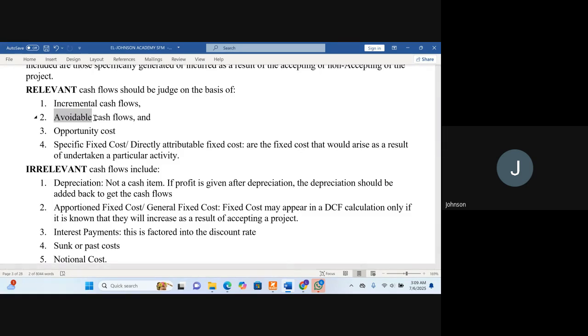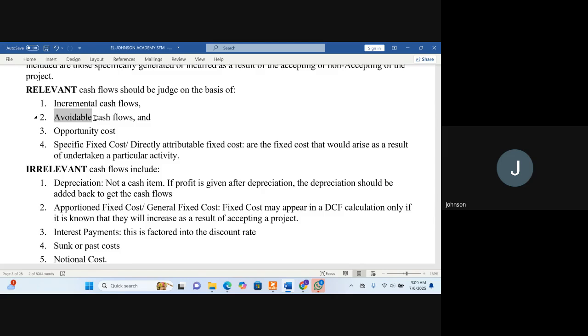However, in a situation whereby the examiner says that naturally you go to the island every Saturday or every weekend, and a student calls you from the island and says, come and take us on the island, the transportation fare of 5,000 that you're going to use to the island, is it relevant to this your decision?